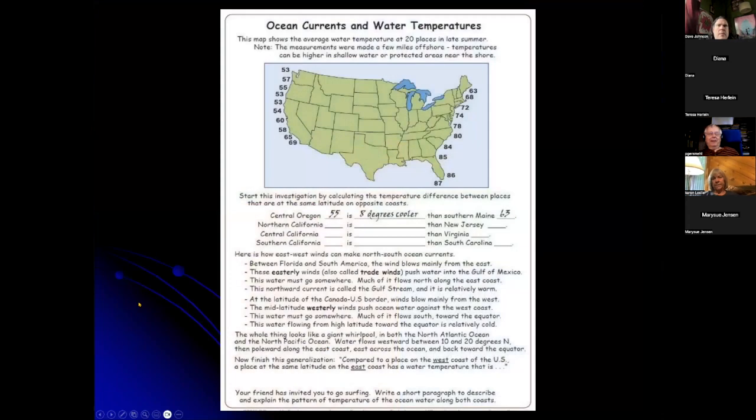That gave us an idea for a printed activity, which you can download from the Giants website. If you don't want to go through the PowerPoint, you want to go at it from an inquiry point of view, these are actual measurements of the average ocean water temperature on a whole bunch of locations on each side.